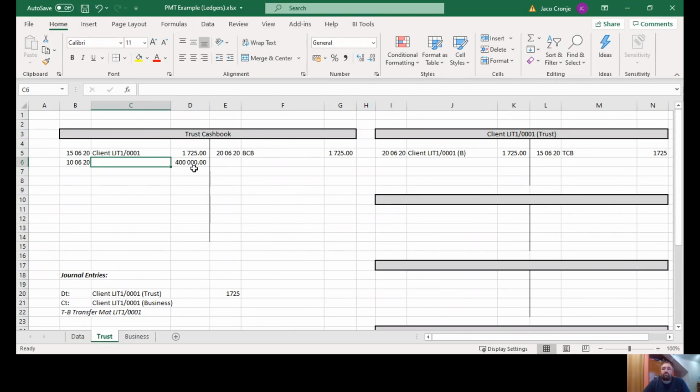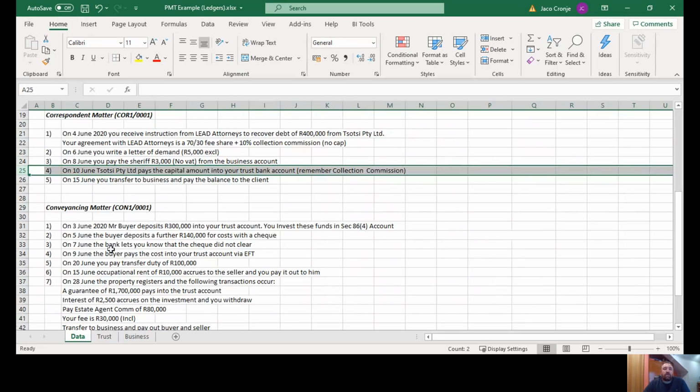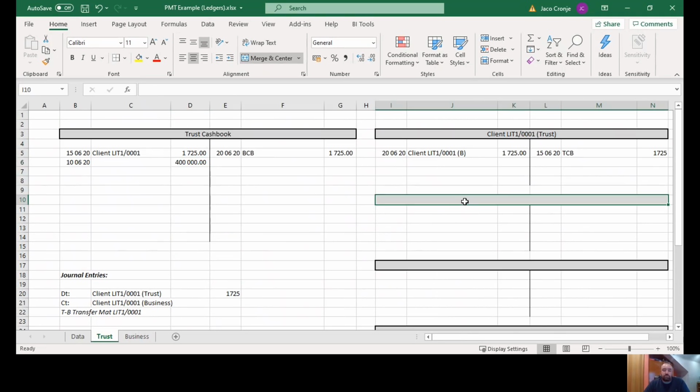And we'll leave the description for now. Where am I going to allocate that? Now the answer is, do I open up a ledger for Toti Pty Limited? And the answer is no, they are not my client. The moment I receive these funds in trust, I receive this on behalf of my client. So who's my client? Lead attorneys.